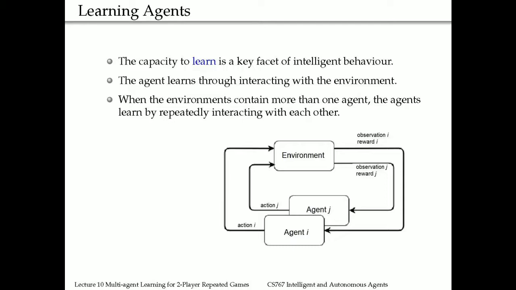There are more issues that came up which were not present in the single agent case, right? Especially now, the agent would not just learn through the interaction with the environment or through some input signals, but also the agent would learn by repeatedly interacting with other agents. And this can be quite important for multi-agent systems.